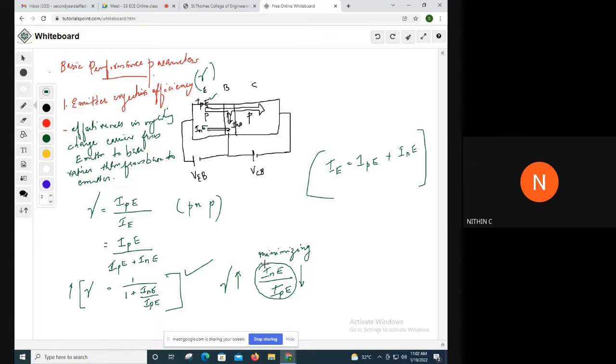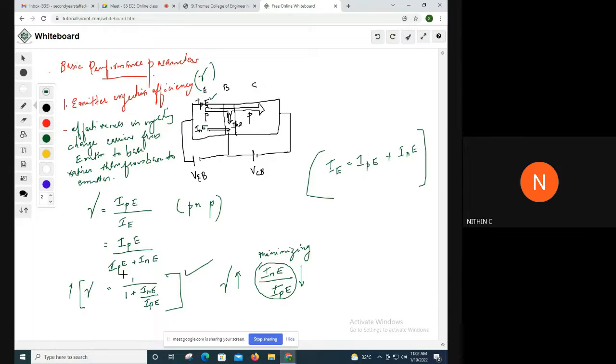Okay, so that's all about the first parameter. Now we need to discuss the second parameter. You have completed the first parameter, emitter injection efficiency. To define that, you can write the statement: effectiveness of injecting charge carriers from emitter to base rather than from base to emitter is expressed as the ratio of the emitter current due to holes to the total emitter current.